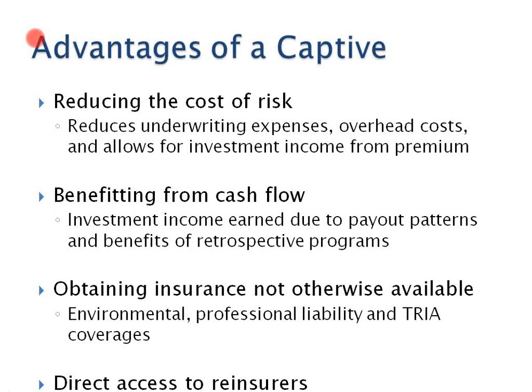When we do this, it reduces the underwriting expenses and overhead costs, and allows for investment income from premium. The cost of risk is what we're going to pay a normal insurer. We're paying for someone to do the underwriting. We're paying the insurance company to have their overhead costs. There's the profit that's in there, and also, as I mentioned before, the investment income that we will now earn rather than the insurance company.